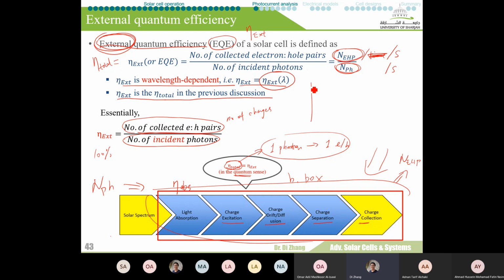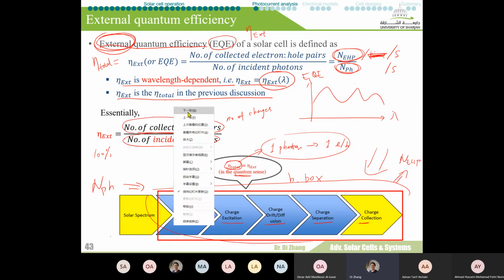But the quantum efficiency is actually not a single number. Always you need to plot the EQE or IQE versus the wavelength. So that is something I wanted to add here on top of Omar's question.